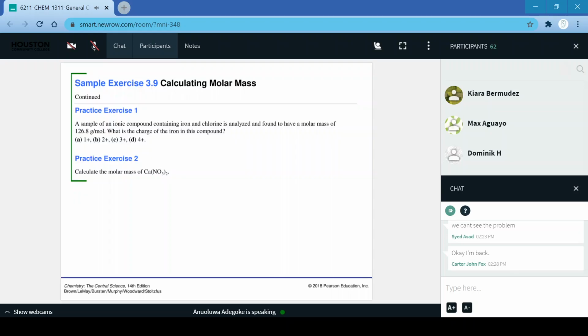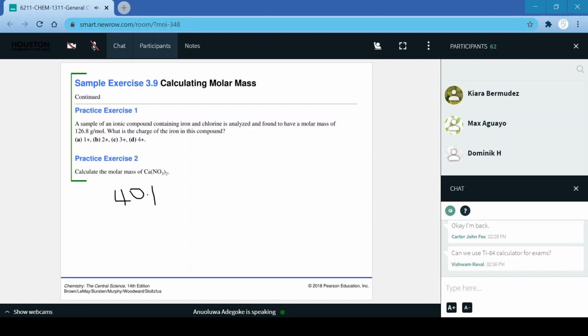So to calculate the molar mass of calcium nitrate, we grab our periodic table. The molar mass of calcium on the periodic table is 40.1.